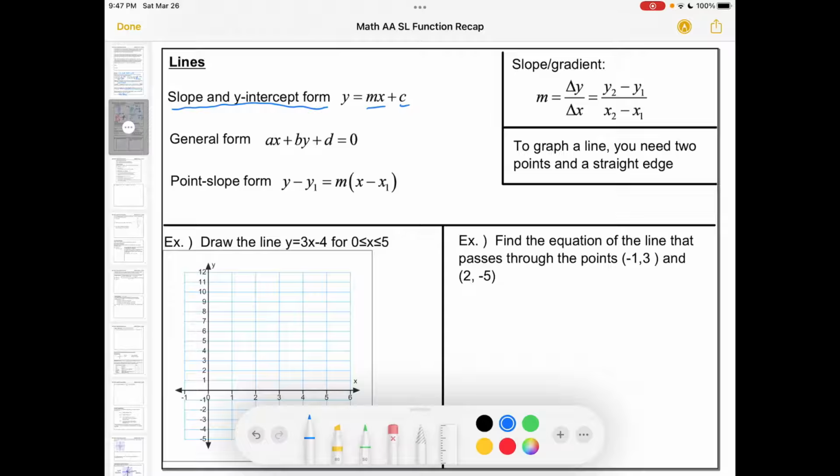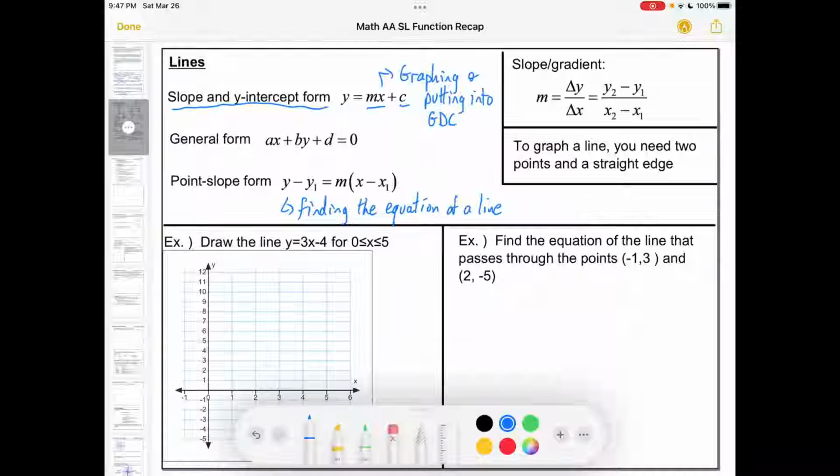Slope and y-intercept form is great for graphing and for putting into a GDC, since we need to put things in y equals form. Point slope form is excellent for finding the equation of a line. Now, to use point slope formula to find the equation of a line, you have to know two things. Can you guess what they are? That's right.